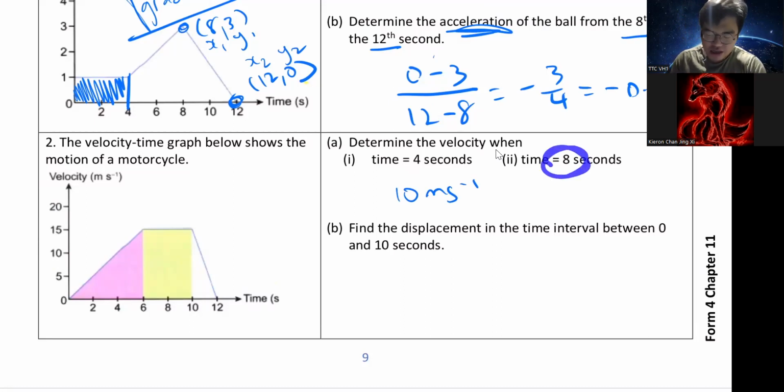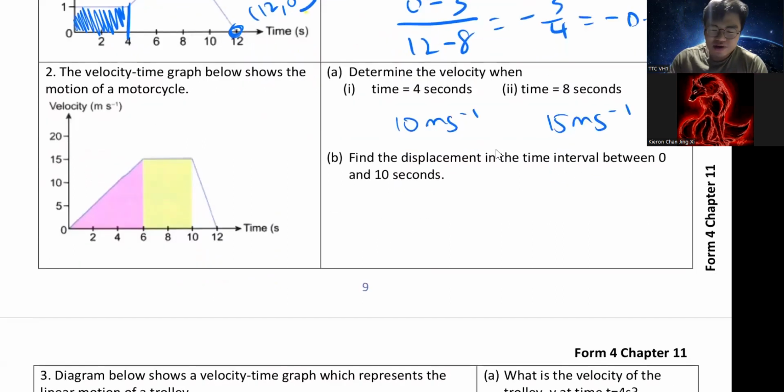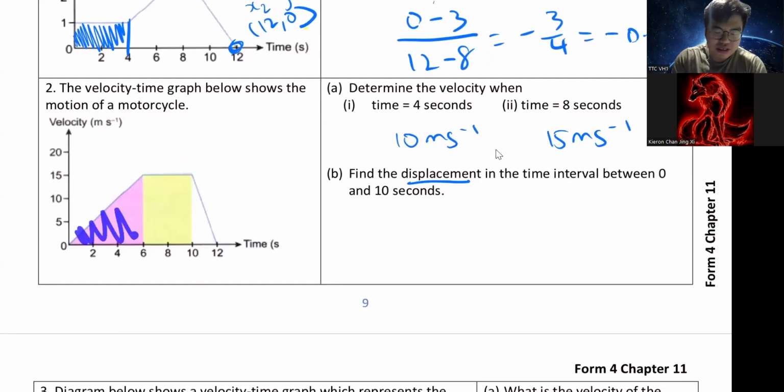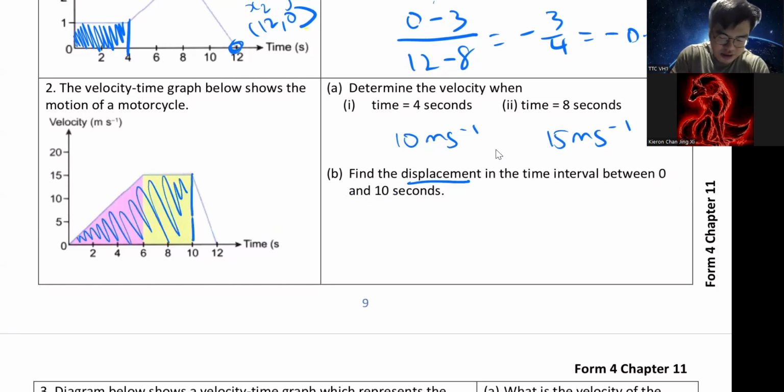Okay, so 8 second, 8 second, 15. No calculation here. Okay, next, displacement, sasaran. Sasaran is the area, the luas. You see this one, from 0 to 10, that means here. This is a trapezium, right?